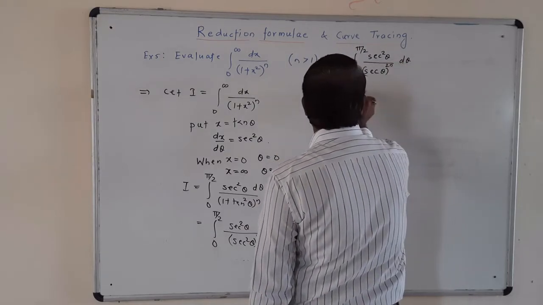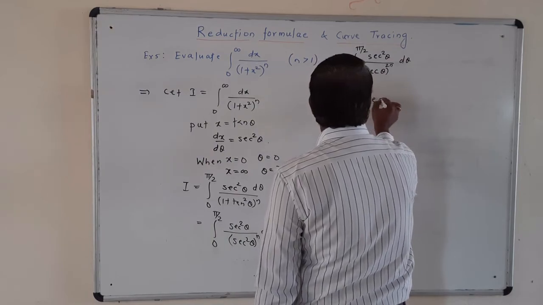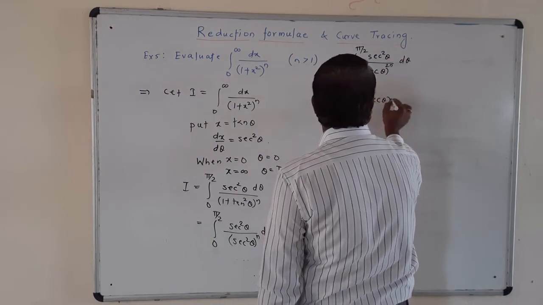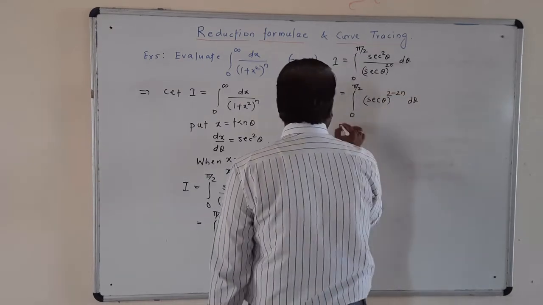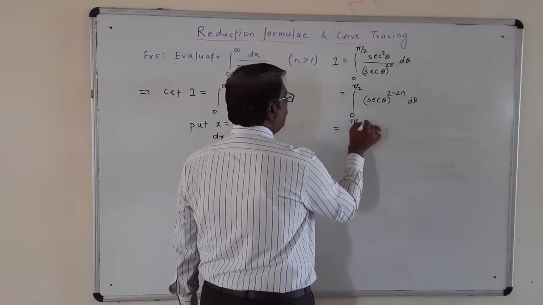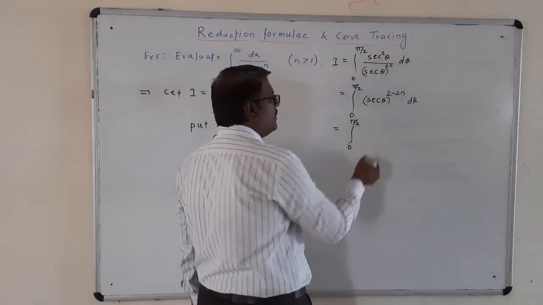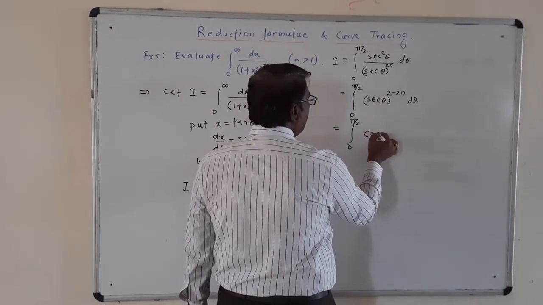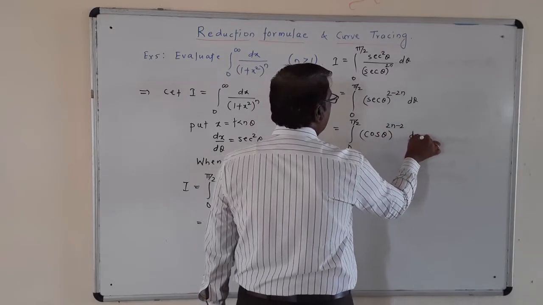So this is nothing but integration 0 to pi by 2 sec theta raised to 2 minus 2n d theta, and as sec theta is nothing but 1 upon cos theta, this calculation we can write as cos theta raised to 2n minus 2 d theta.